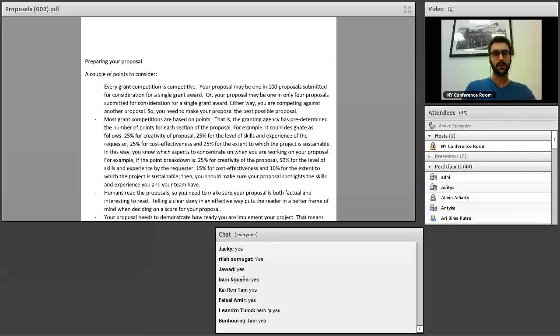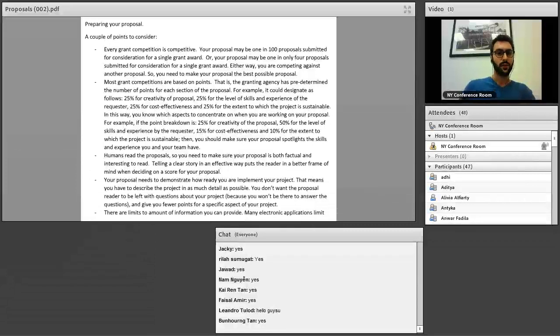Every grant is a competition. This makes sense, it's competitive. Last year there were 400 applications submitted for YSEALI Seeds for the Future, and only 20 projects were selected. This means that you have to put together a proposal that not only meets the criteria of the terms and selection process, but is also innovative. What we're looking for are projects that really make an impact in your local communities.